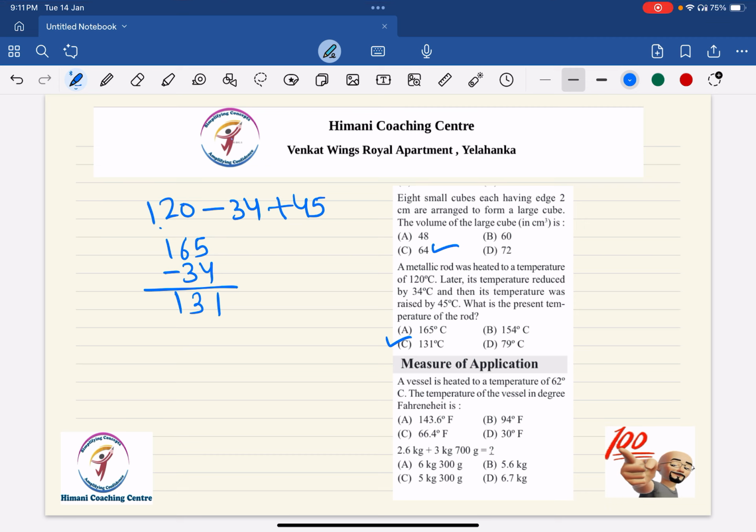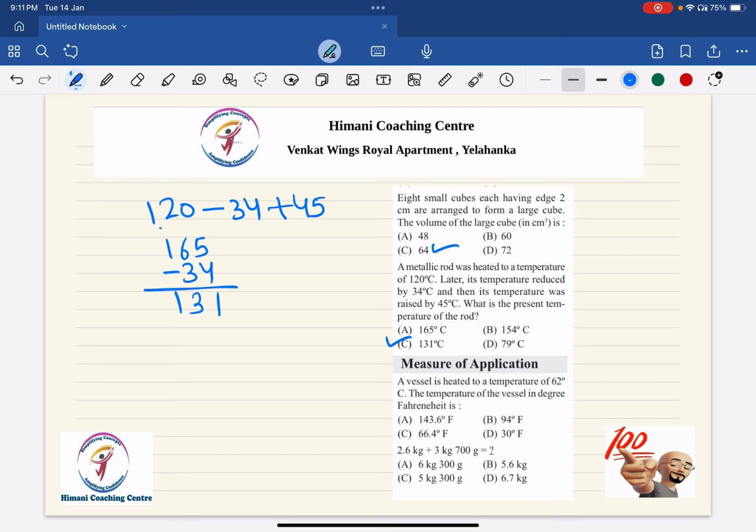So in the next question we are asked that a vessel is heated to a temperature of 62 degrees Celsius. The temperature of vessel in degree Fahrenheit is how much?